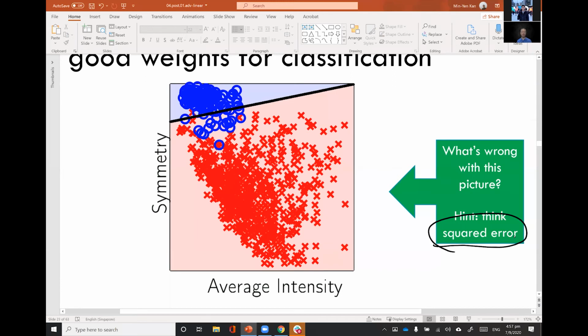So why would it be the case that if I moved something over a little bit more this way, I would get more squared error? You can think about that. There will be cases in which the misclassified ones, like this one over here and this one over here, are actually going to get worse, because of this squared error picture.